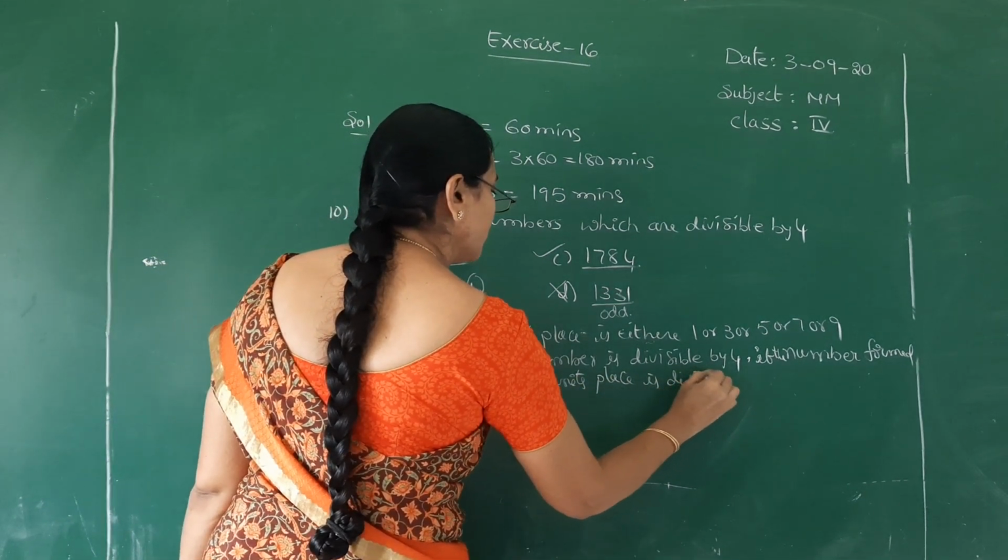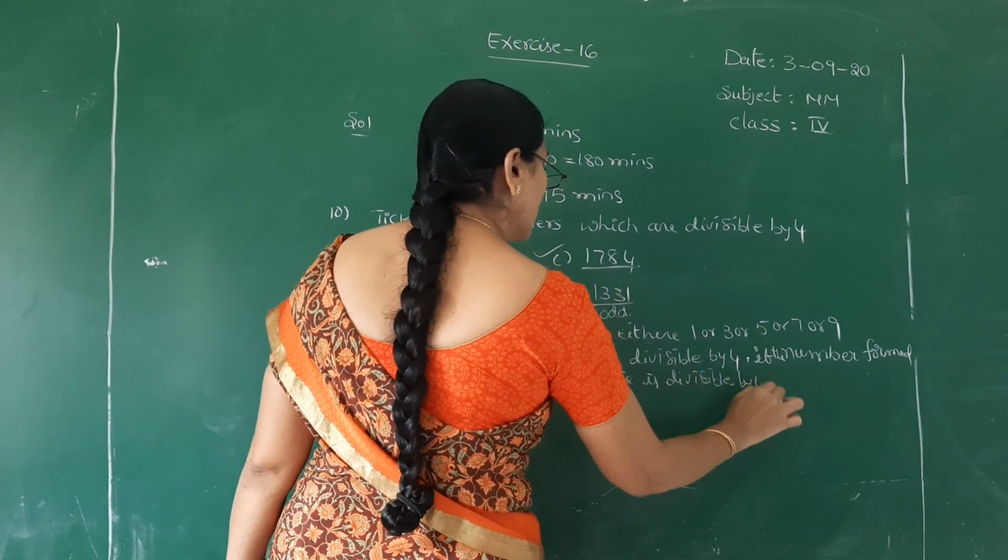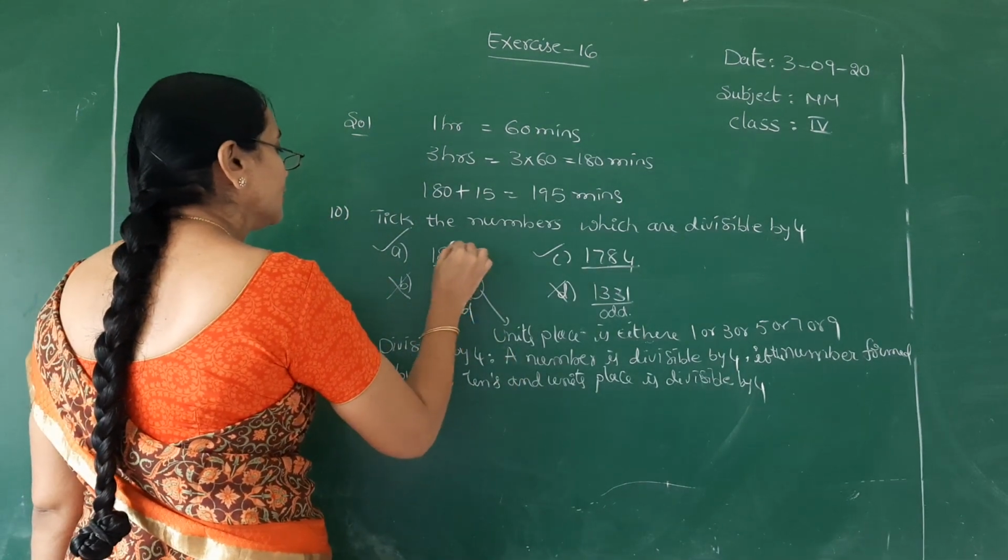No need to check whether all the digits are divisible by 4 or not. You have to check the last tens digit and ones digit.